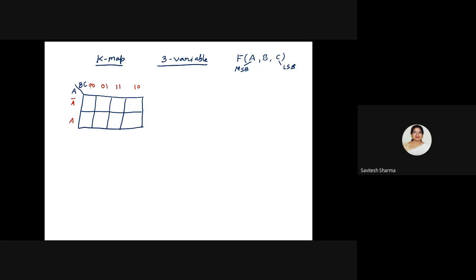Based on that, I will write the expression for the variables BC. For 0 0 you write B complement C complement. Here BC is 0 1, so it is B complement C. BC is 1 1, so you write BC. BC is 1 0, so you write B C complement.